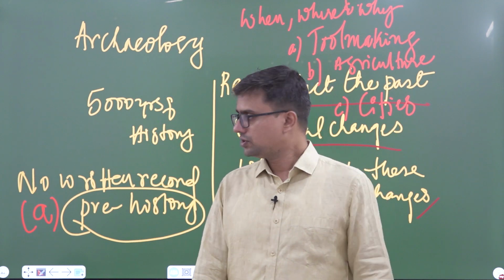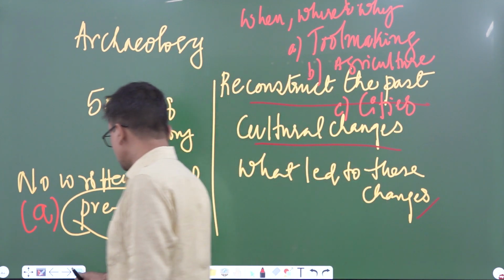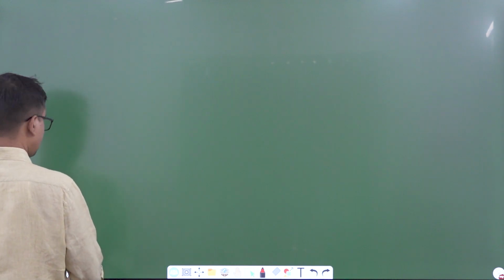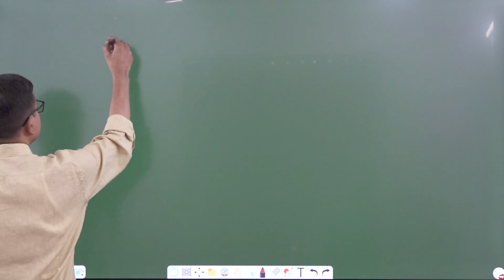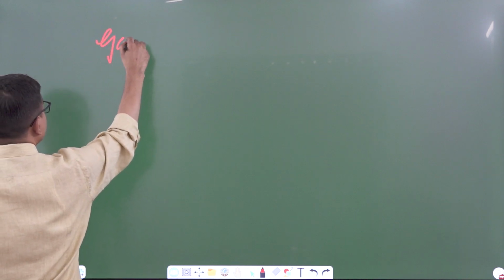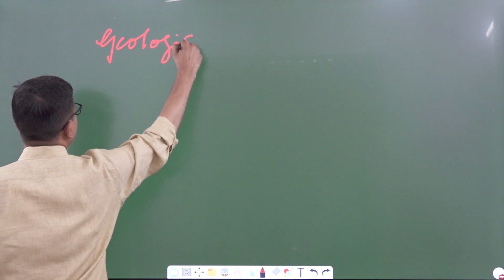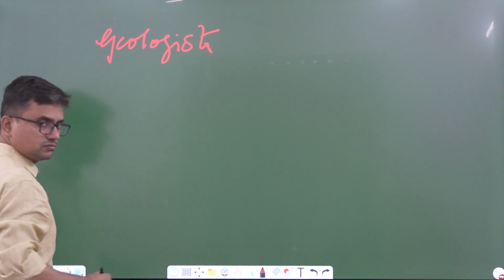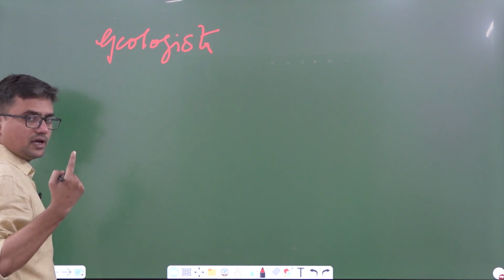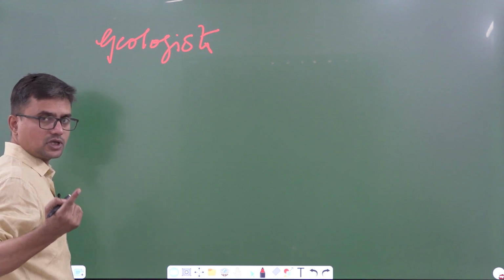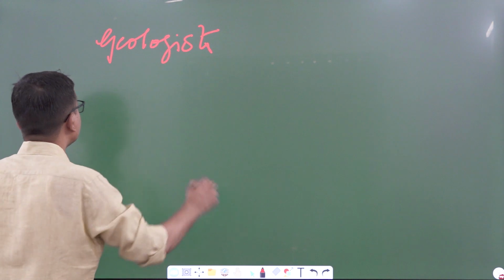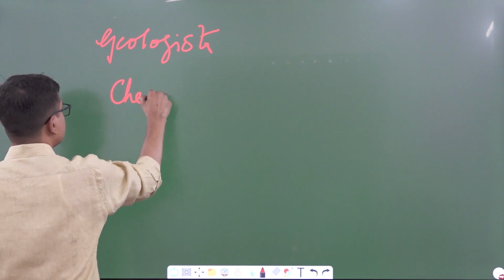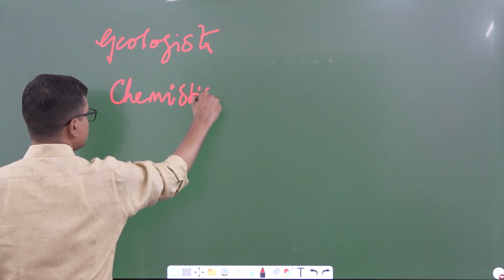Yes or no? So these archaeologists will be taking the assistance of the geologists to identify when and where tool making started, because they have the knowledge of erosion and uplifting. They take the knowledge of the chemists for identifying agriculture.